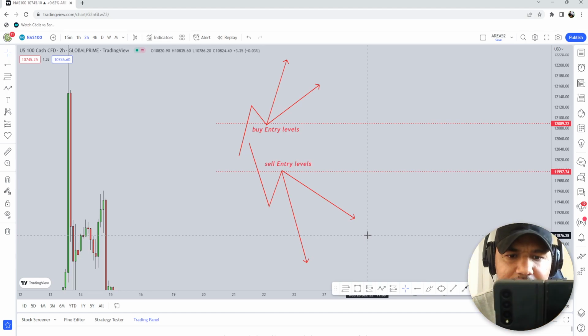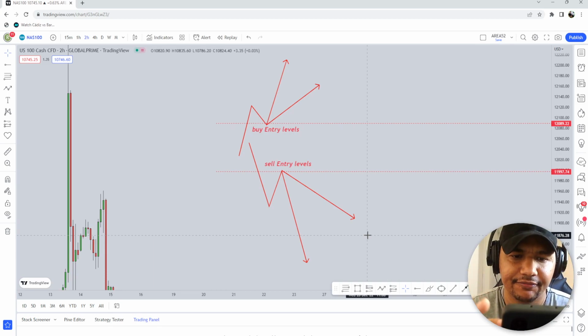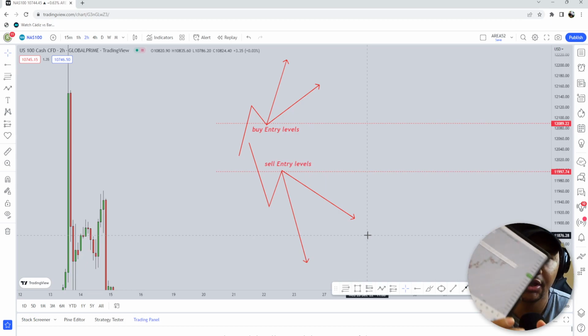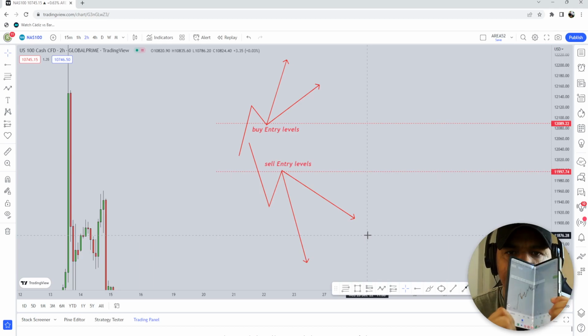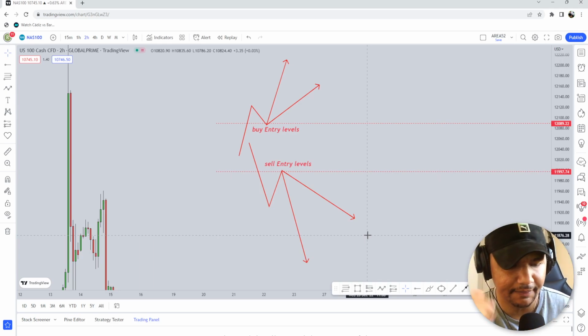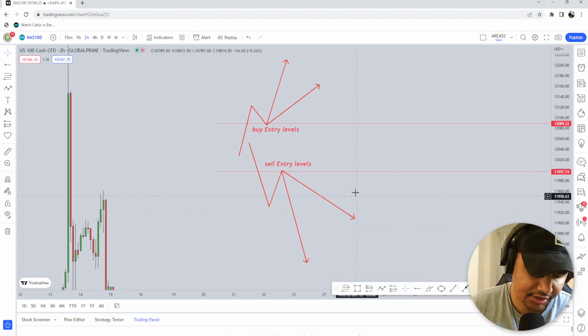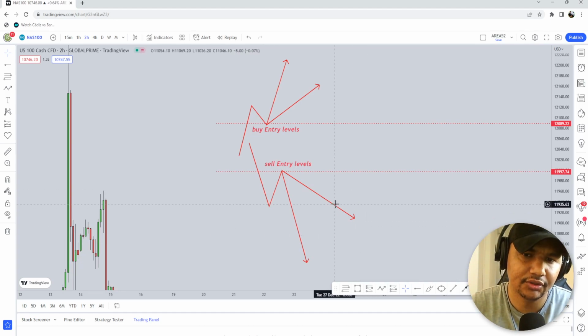I've got the free version on my phone too. So that's why I'm using the free version, because I have no reason to use a paid version.